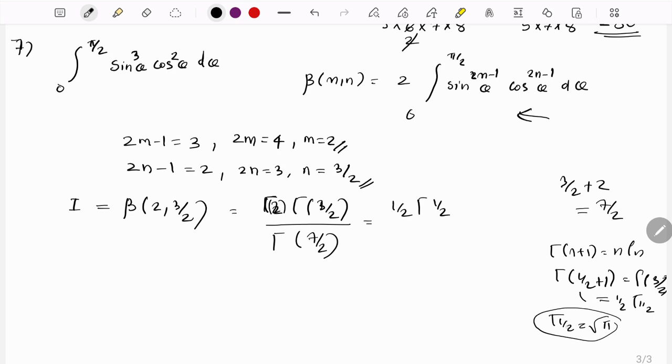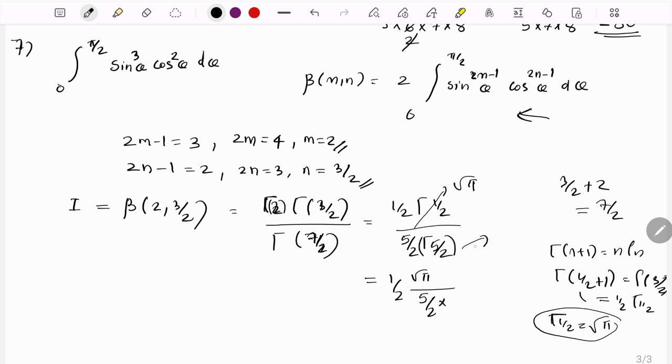We know that gamma of 1 by 2 is equal to root pi. So this is equal to root pi divided by gamma of 7 by 2, that is, we can write it as 5 by 2 into gamma of 5 by 2.